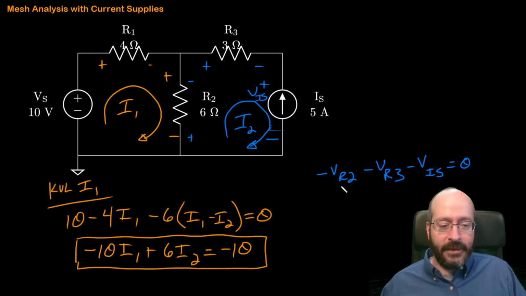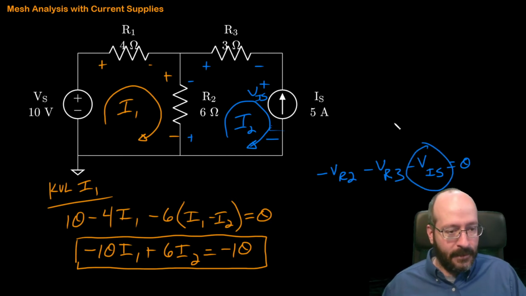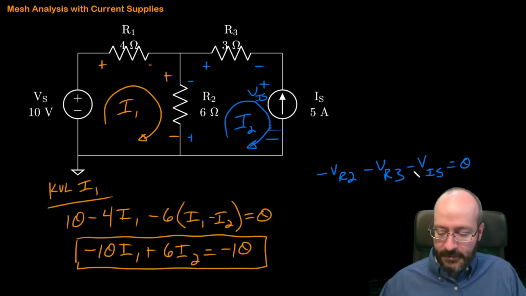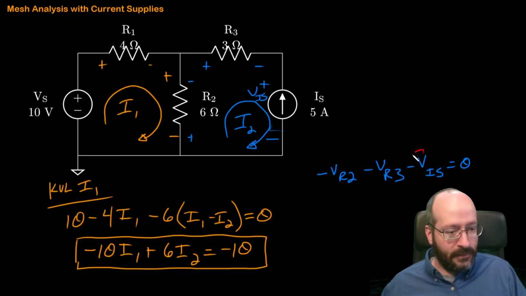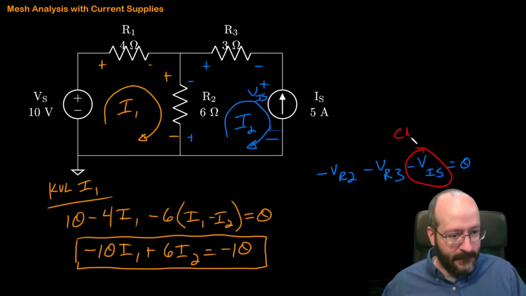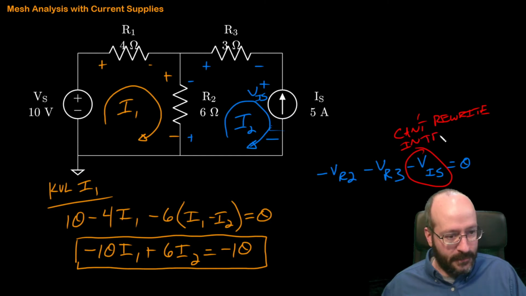I can handle these two because we know the resistances, but I cannot rewrite this one without knowing the resistance. Can't. Okay, rewrite in terms of unknowns.